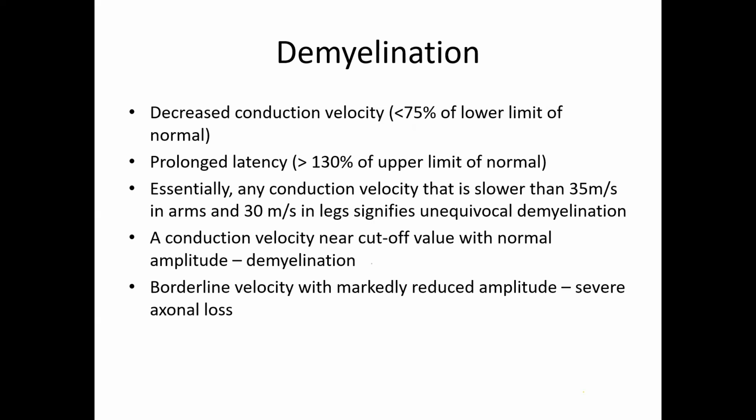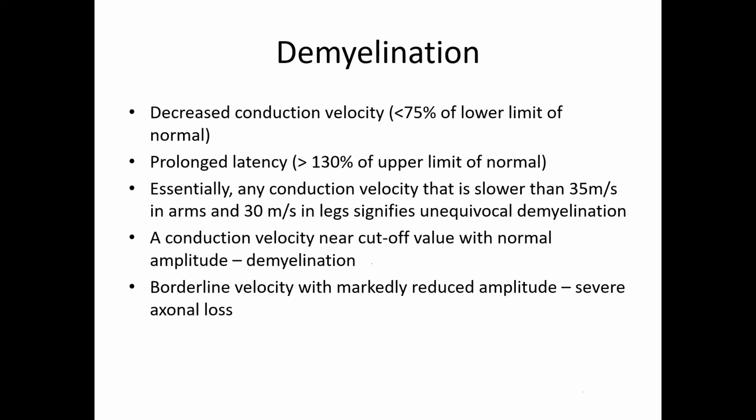Every lab has its own cutoff values for SNAPs and CMAPs. If the latencies are prolonged beyond those, you have to consider demyelination. Any conduction velocity slower than 35 in the arms and 30 in the legs signifies demyelination.